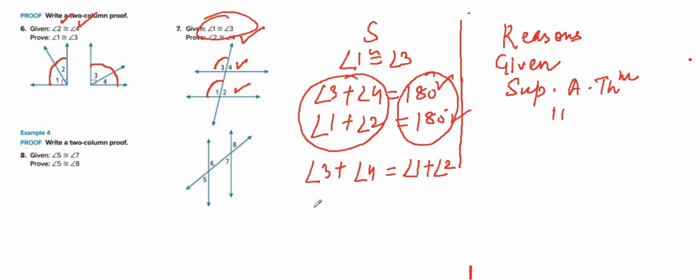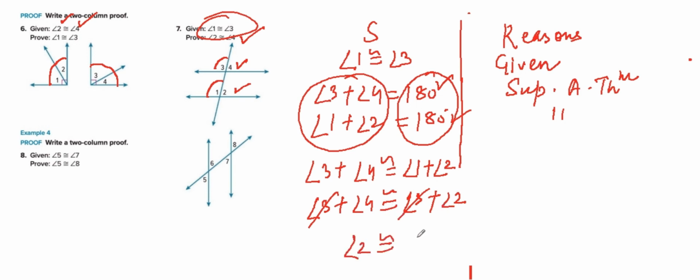So you can substitute here: angle 3 plus angle 4 is congruent to, in place of 1 you can write angle 3 plus angle 2. So angle 3 cancels out. So angle 2 equal to 4, hence proved. So 4 equal to 2, that means 2 equal to 4, symmetric. So here the reason is substitution. Here the simplification, you can say.